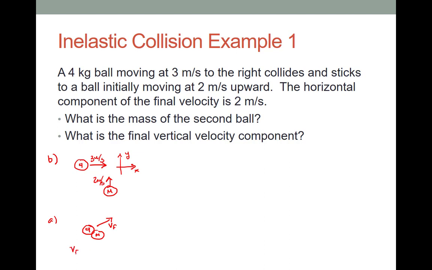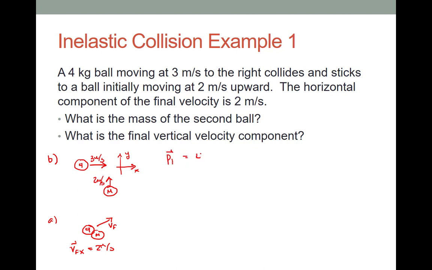What we do know is that the x component of the final velocity is 2 meters per second. We do not know the y component there. We can now look at the initial momentum.